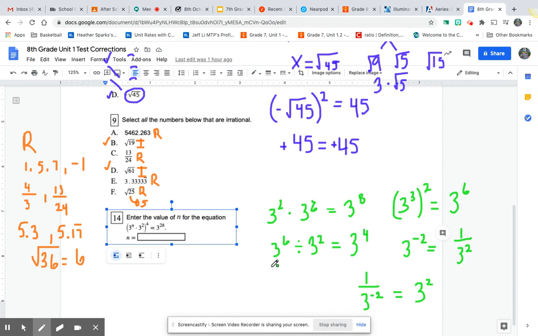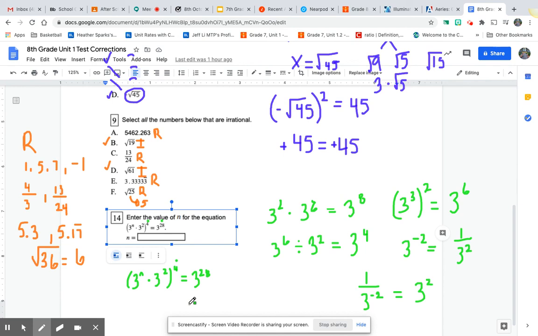Okay, so let's take a look at what we have over here. 3 to some power times 3 to the second, all to the power of 4, will give me 3 to the 28th. Okay, so to solve this, we kind of have to solve it like an equation. So that 3 to the 28th, in order to get 28, we would have had to multiply this 4 times 7, right?